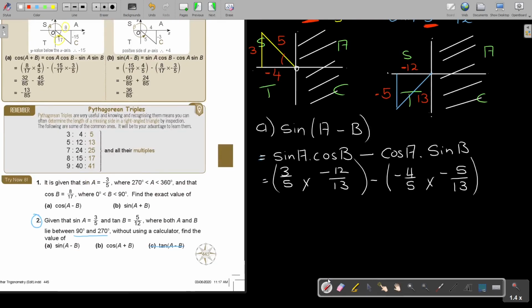Okay. And now I can basically just say this is negative 36 over 65. Keep the negative. This becomes positive. Do you see? That is 20 over 65. And that's negative 56 over 65. And that is my final answer.